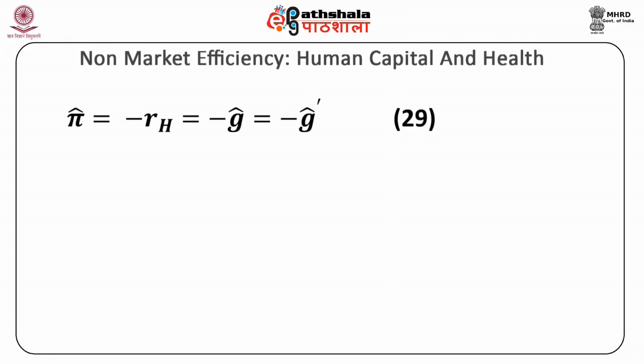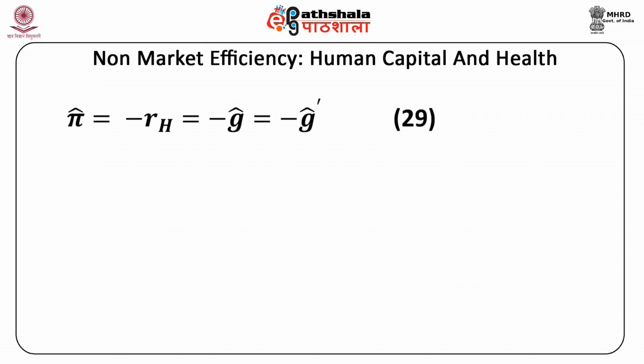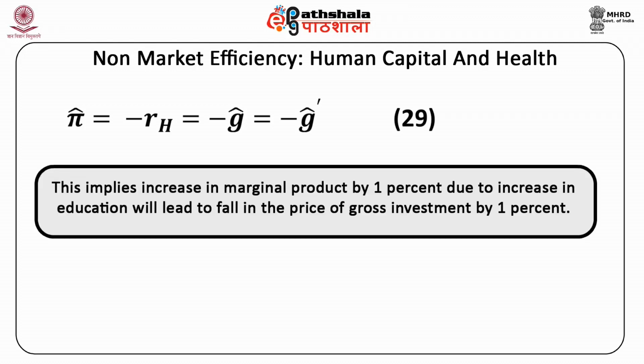Therefore, pi hat is equal to minus RH is equal to minus g hat is equal to minus g' hat. This implies an increase in marginal product by 1% due to an increase in education will lead to a fall in the price of gross investment by 1%.